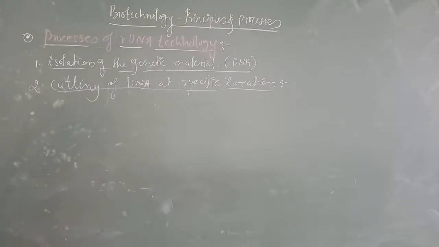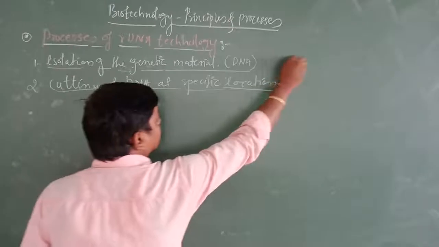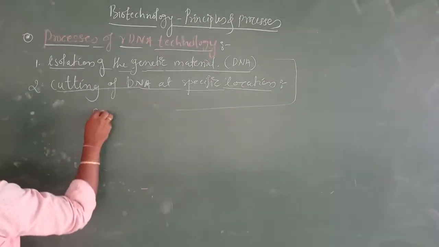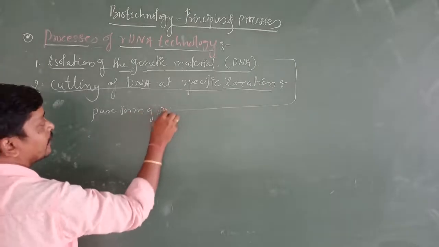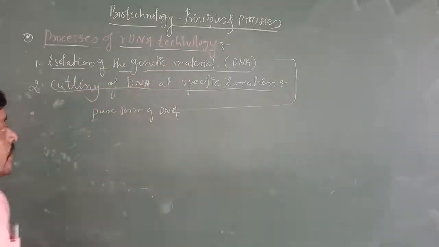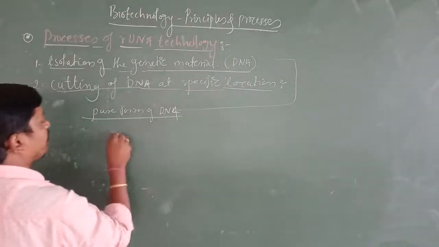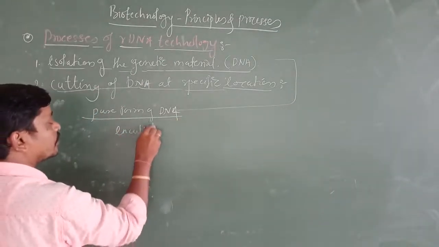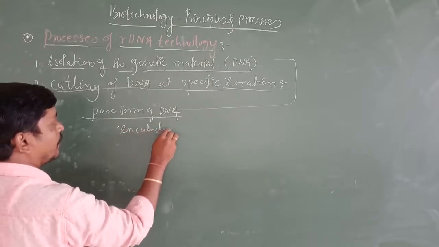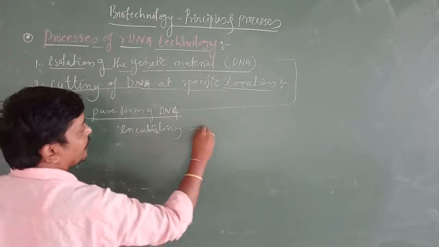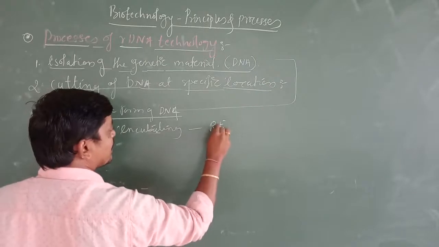What we are going to do here: first, whatever pure form of DNA you have taken from isolating the genetic material, first step, we are going to incubate this pure form of DNA with the restriction enzymes.